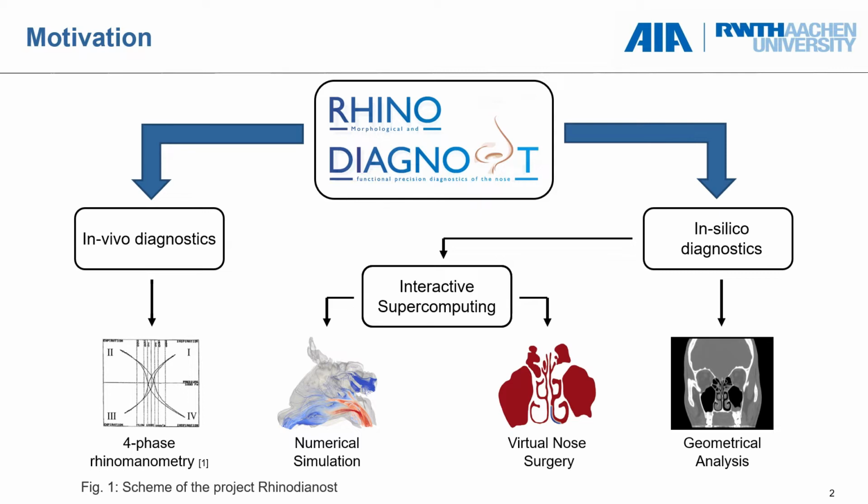Those diagnostic methods are, on the one side, in vivo diagnostics with the 4-phase rhinomanometry as shown here, and then in silico diagnostics with the geometrical analysis of the nasal cavity with, for example, three-dimensional surface geometries of the nasal cavity, and with interactive supercomputing with numerical simulations and the virtual nose surgery, about which I would like to talk today.